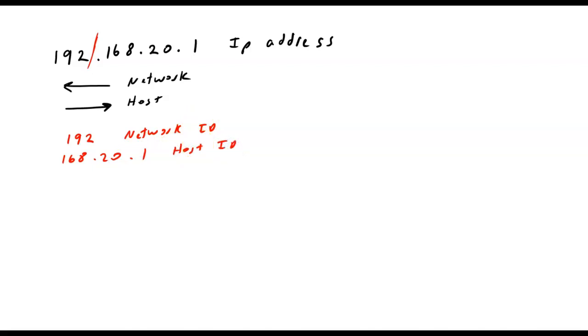ID. So it's also possible for me to put the dividing line here. If I put the dividing line after the second octet, then I have 192.168. I can't go beyond that. Is the network ID.